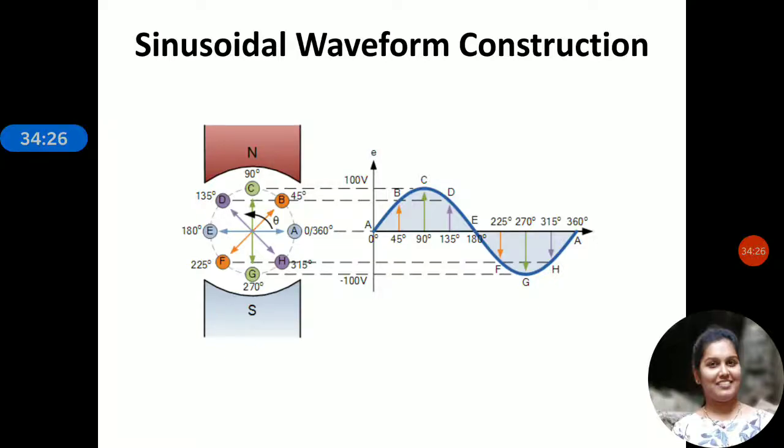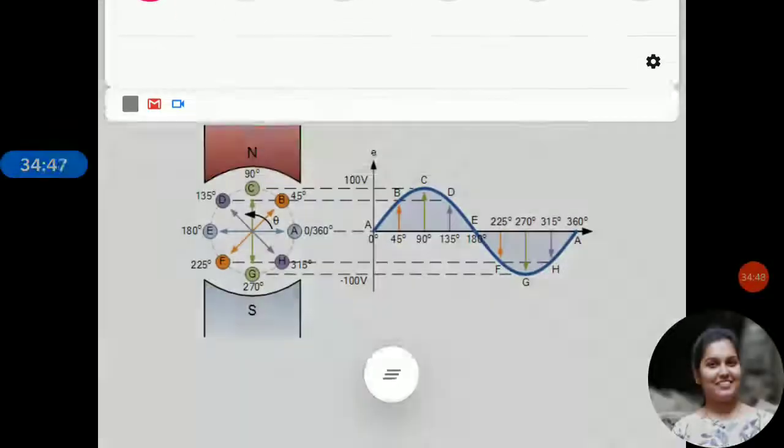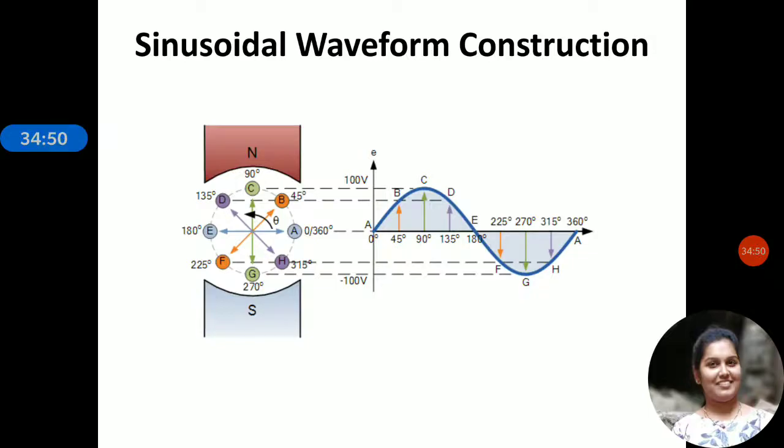So with a simple AC generator and using Faraday's laws of electromagnetic induction, we have generated an AC waveform.